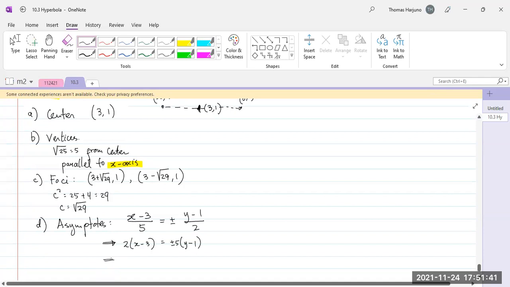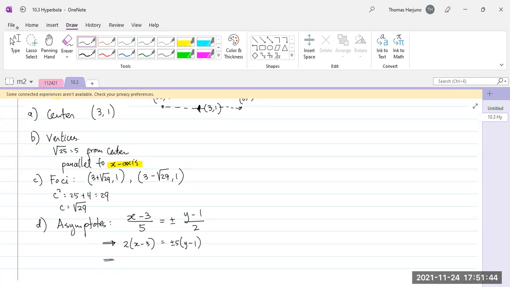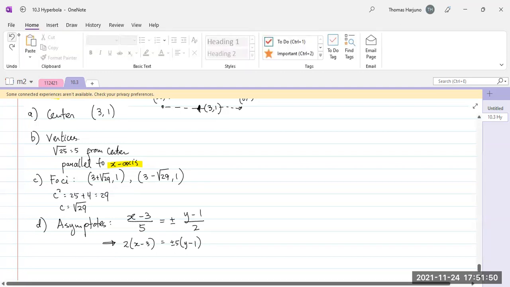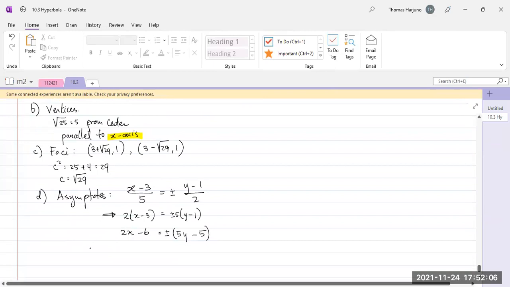Let me distribute first. So I will get 2x minus 6 equals plus or minus 5y minus 5. If I split that, I will get 2x minus 6 equals 5y minus 5, so 2x minus 1 over 5 equals y.